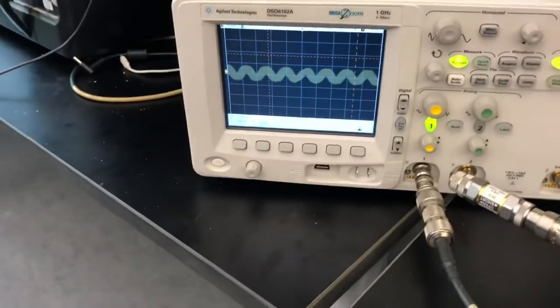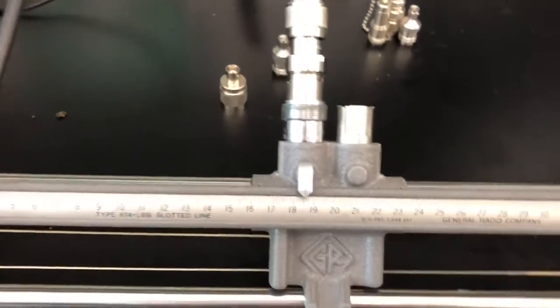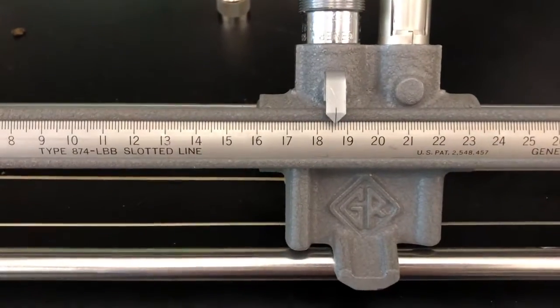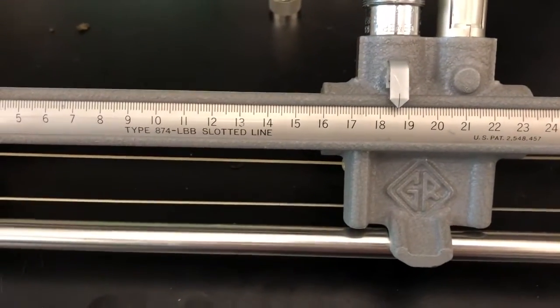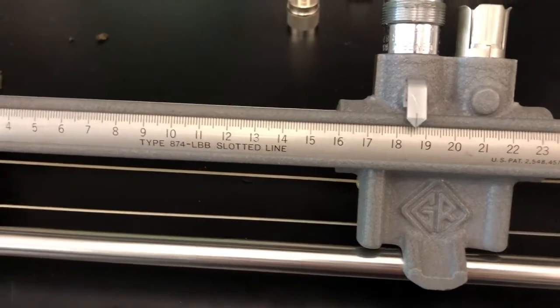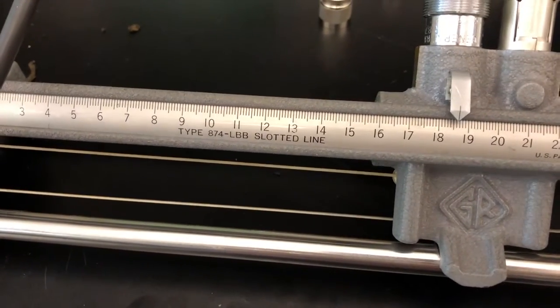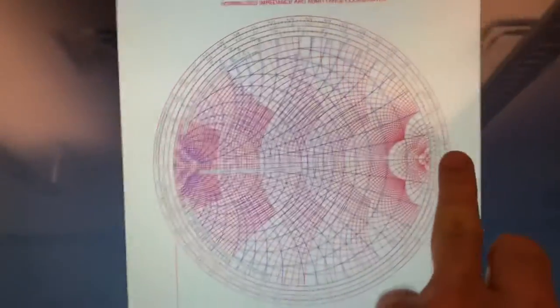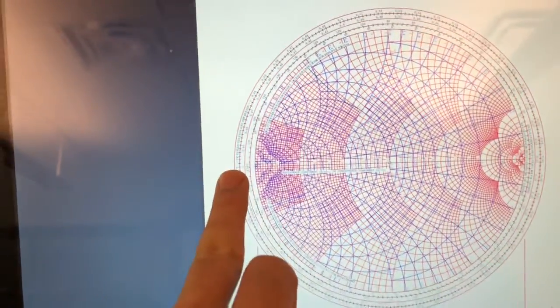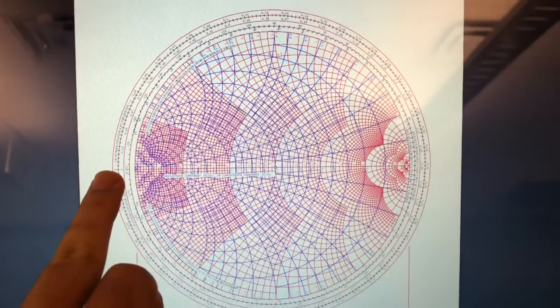So what does that mean? What we are reading is that to go from one minimum to another minimum is lambda over 2, as we have when we have a short, a minimum voltage, almost zero voltage.